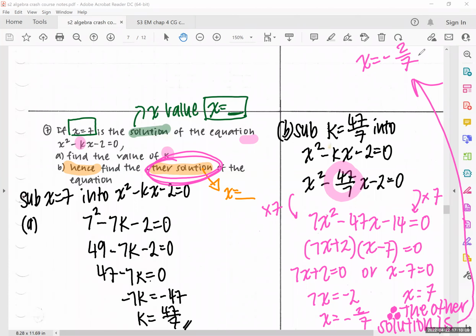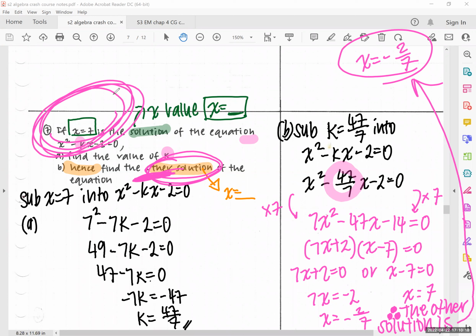Can you see there are two answers? But the keyword is other. So we cannot go and write down x is equal to 7 because here, x equal to 7, they already say that is the solution. So that's it, the end. And with that, we have kind of mastered the basics of solving already.